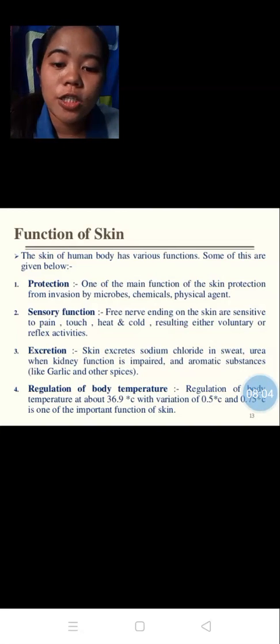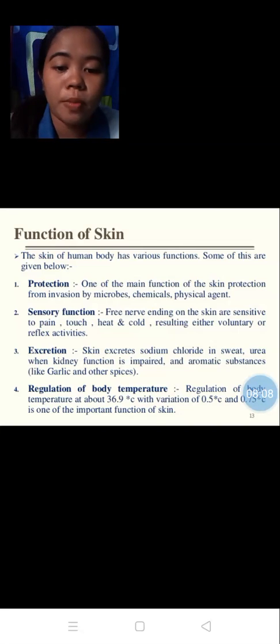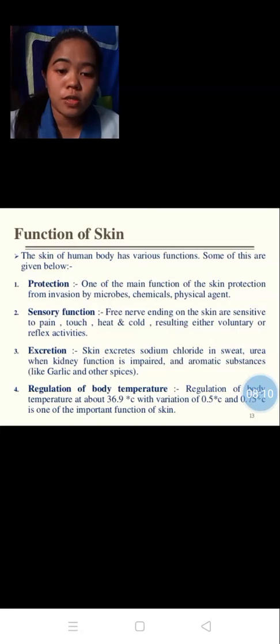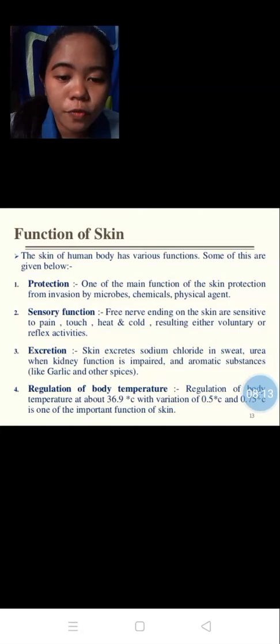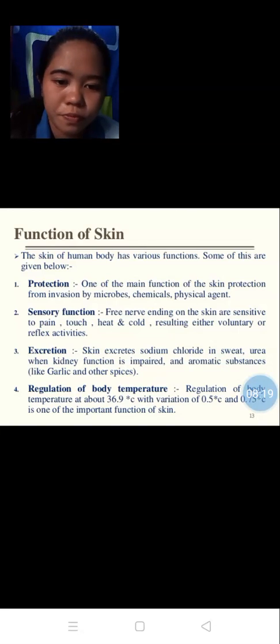And regulation of body temperature. It regulates our body temperature of about 36.9 degrees Celsius, with a variation of 0.5 to 0.75 degrees Celsius, which is one of the important functions of our skin.